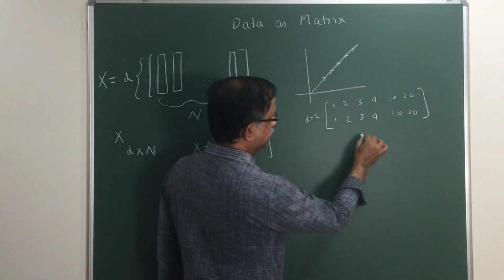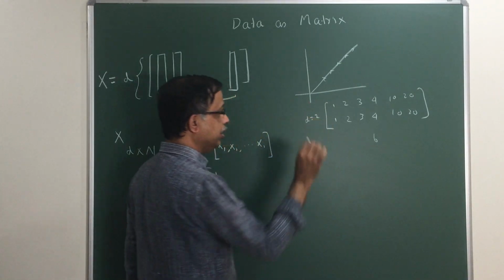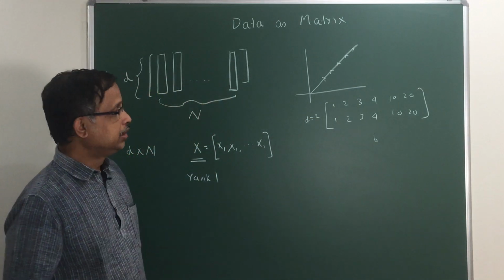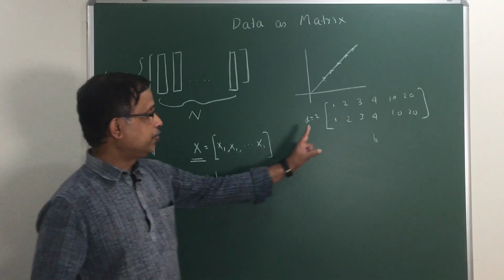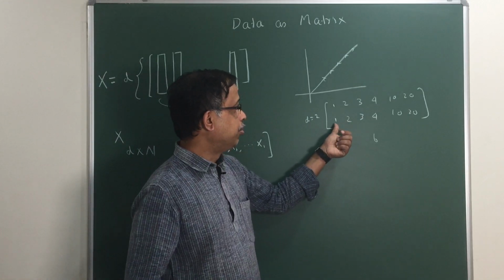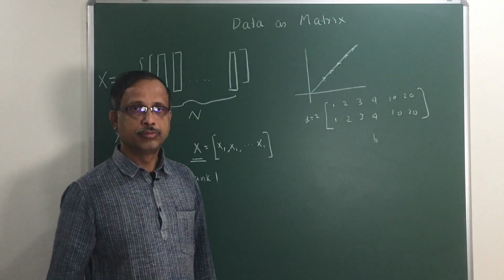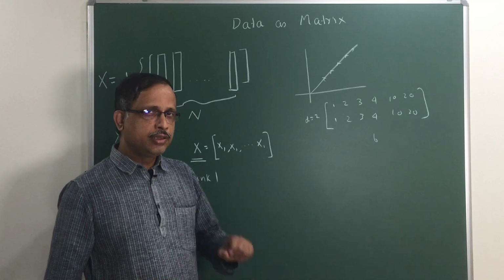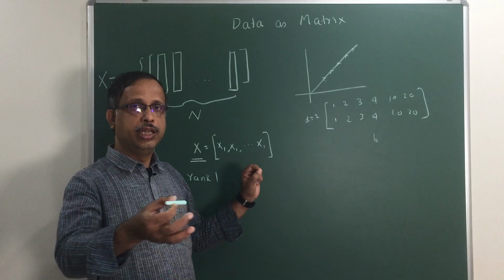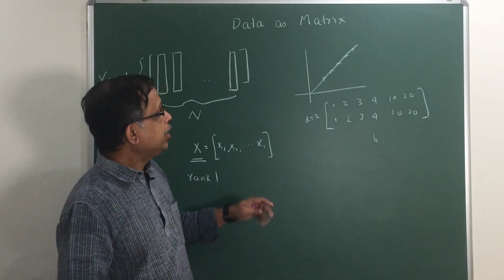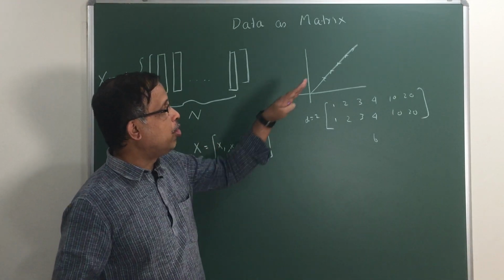There are say 6 samples in 2 dimension, but the rank is still 1. The rest of the columns are multiples of this. This reminds us that it is possible that though the data is in really large dimension, the data could be lying in only a small subspace.